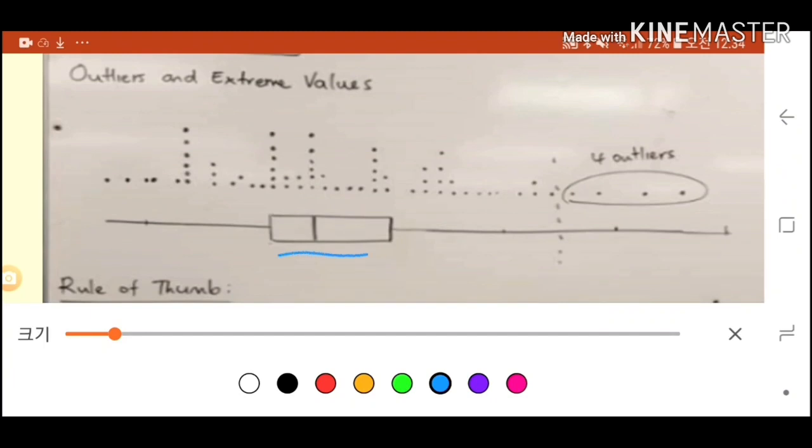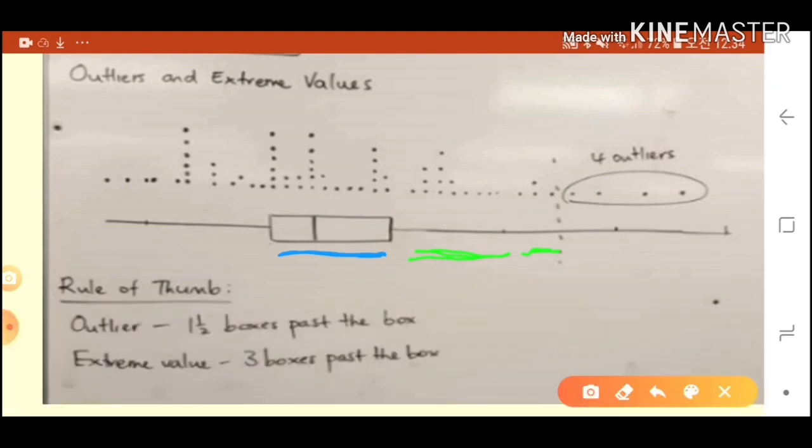This is the width of the box. So I'm counting 1.5 of the box, and past 1.5 boxes, over here I have 4 outliers.